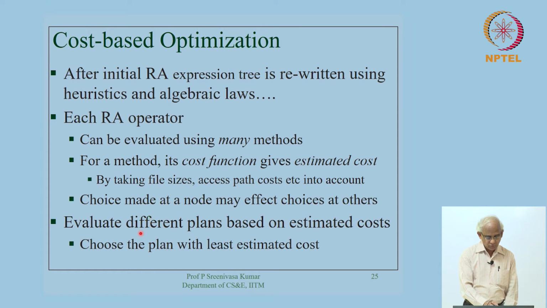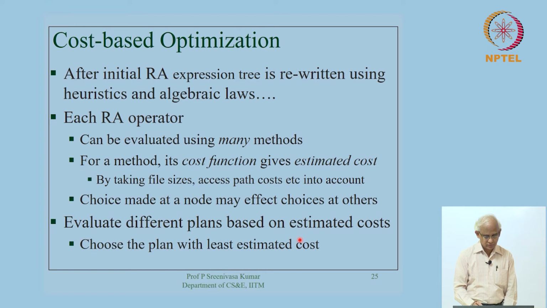And then you have these different plans of execution. So evaluate them based on these individual cost estimates, and then the overall plan cost can be the cost of the whole plan with all these choices made at each of these algebra operators, and then choose the plan with the least estimated cost.